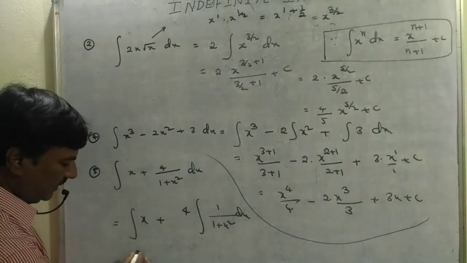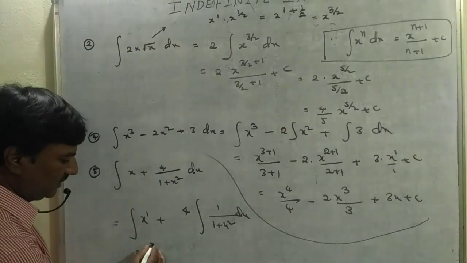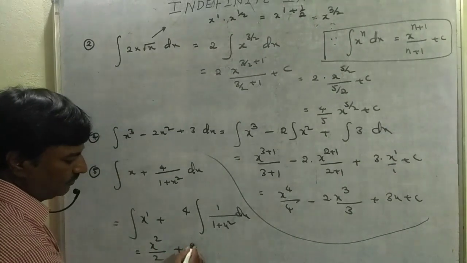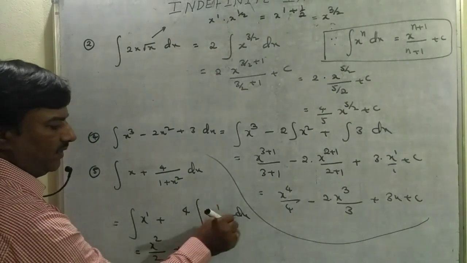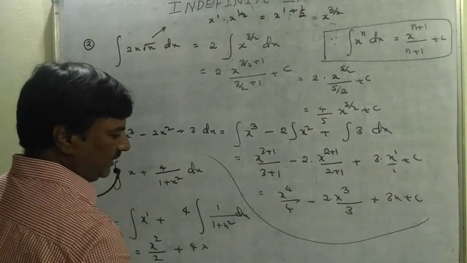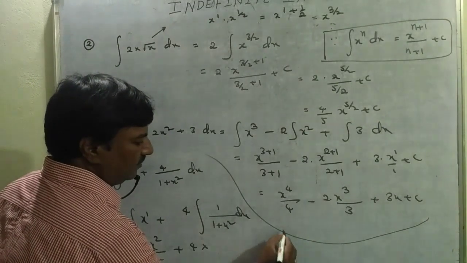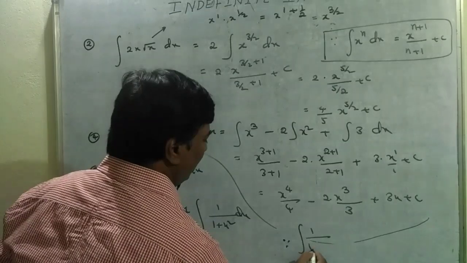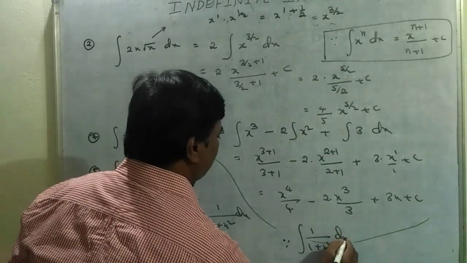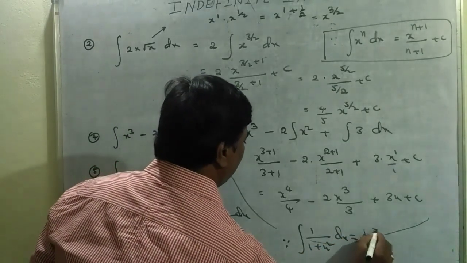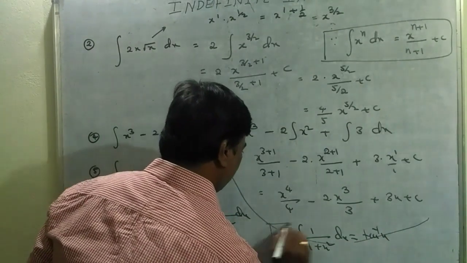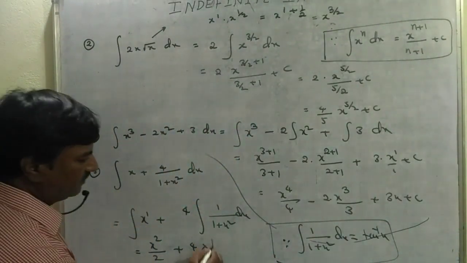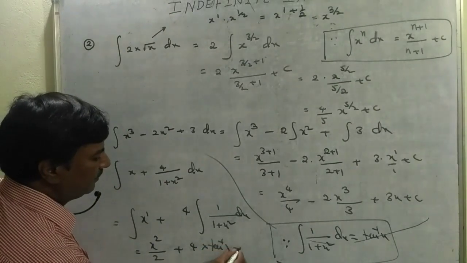So the integration of x power 1 gives x power 1 plus 1, that is x square by 2, plus 4 which we write outside, times the integration of 1 by 1 plus x square. We already have the formula: the integral of 1 by 1 plus x square dx is, from the inverse trigonometric functions integration we learnt, tan inverse x. Just write the formula directly, plus c.